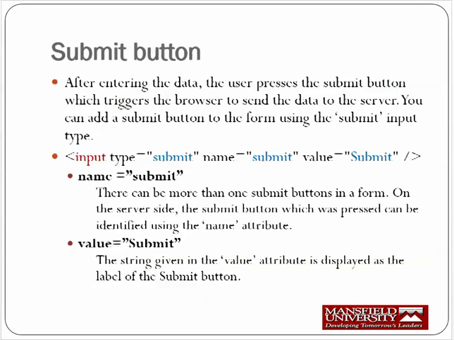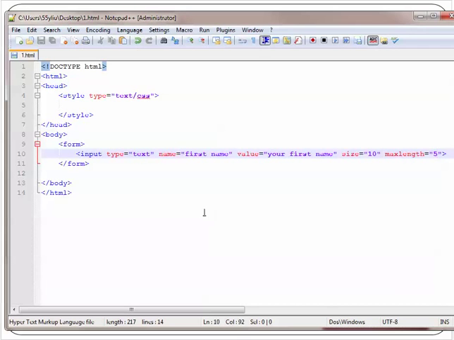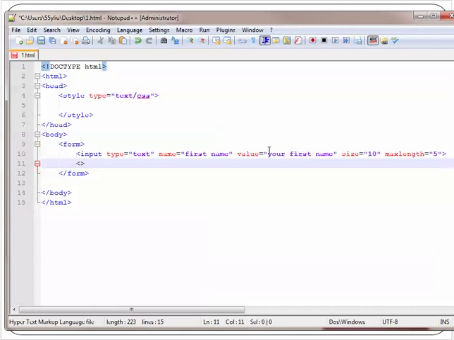We can also have what's called the submit button. Because we need to submit our data, we need a submit button. So we have the same input, type equal to submit. We need a name again. The value will display on the button. So first is the single line. We have a line break here.